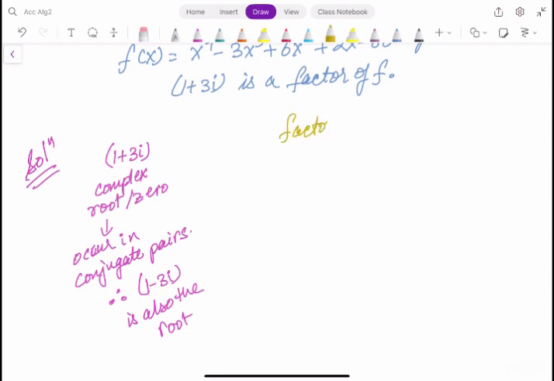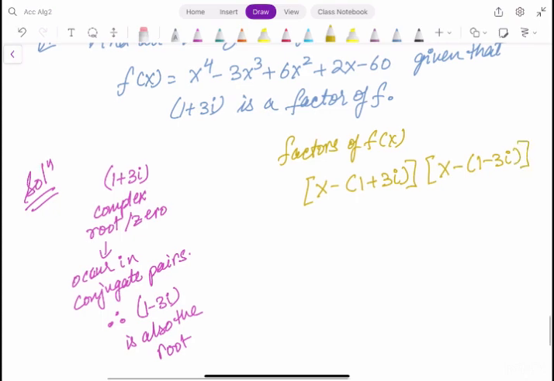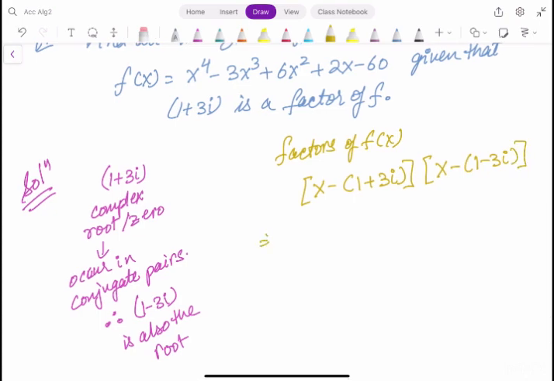So we can say factors of f of x will be x minus first root, which is 1 plus 3i, and then times x minus second root, which is 1 minus 3i, which is nothing but the conjugate pair of 1 plus 3i.